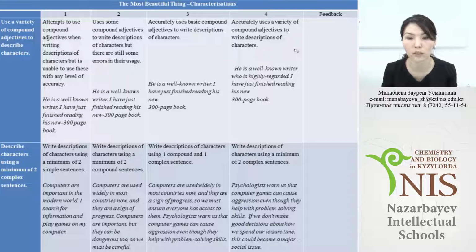The second objective was to describe characters using a minimum of 2 complex sentences. The examples are, for example: psychologists warn us that computer games can cause aggression even though they help with problem-solving skills. If we don't make good decisions about how we spend our leisure time, this could become a major social issue.